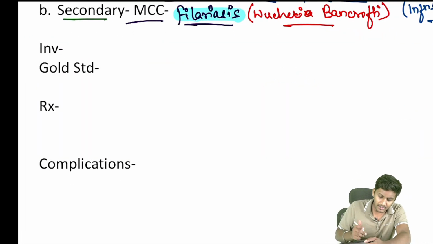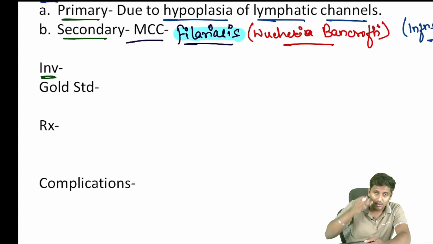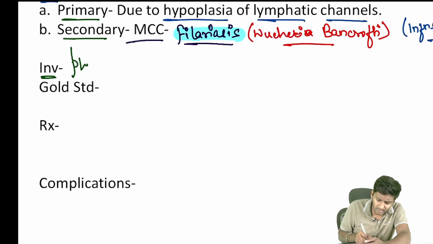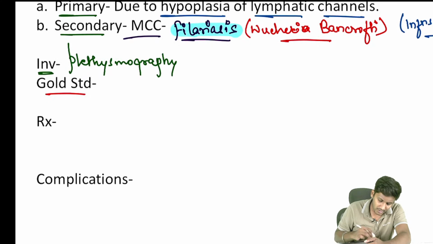Next important, if I talk about investigations for lymphedema, the investigation that I can do is known as plethysmography. Plethysmography is an investigation which will tell me about the flow and the collection of lymph.